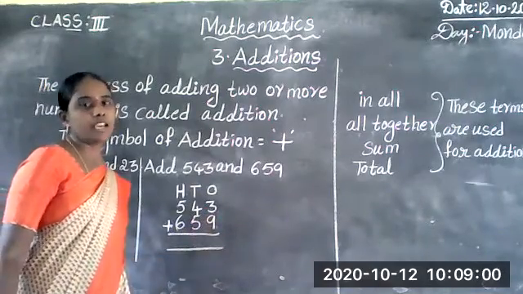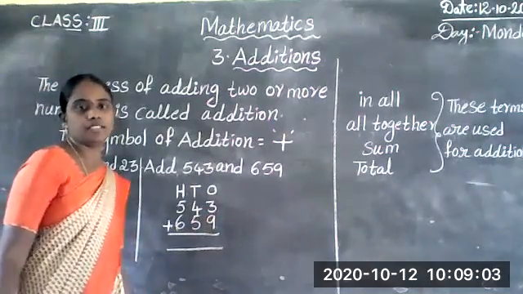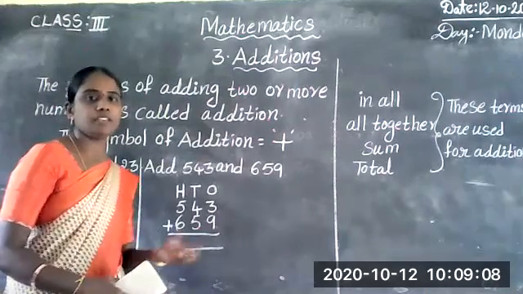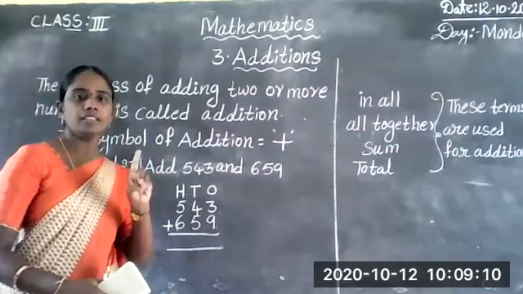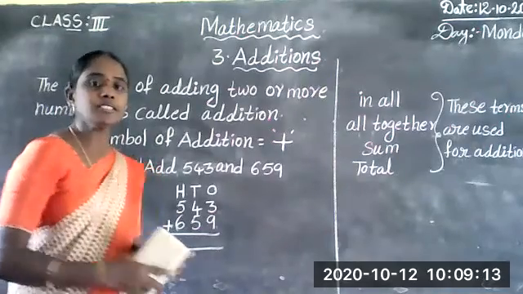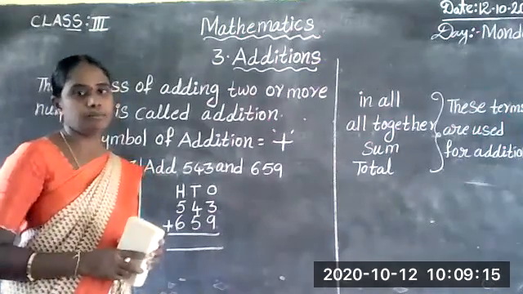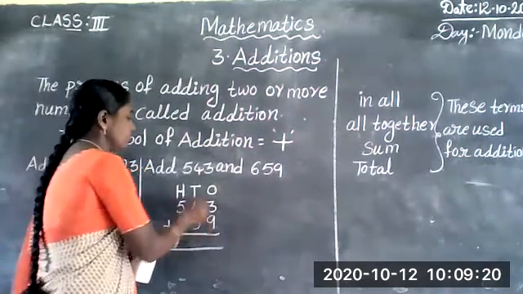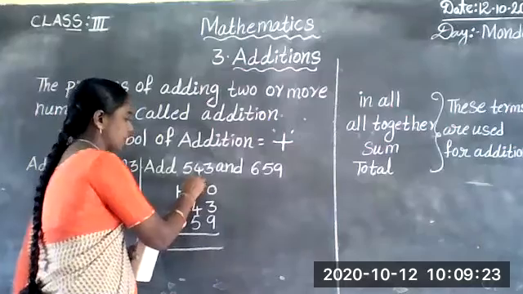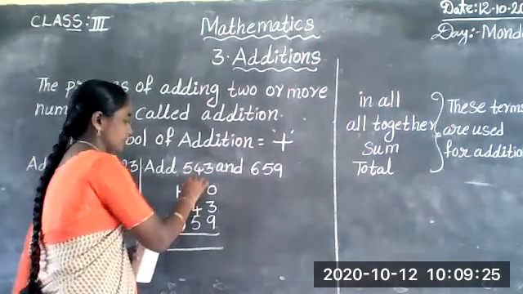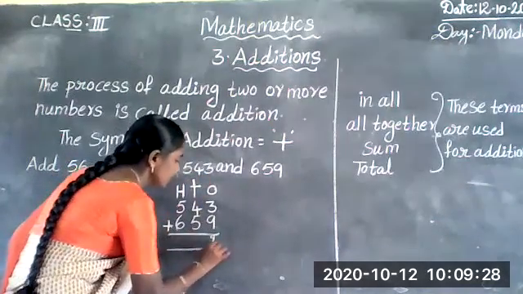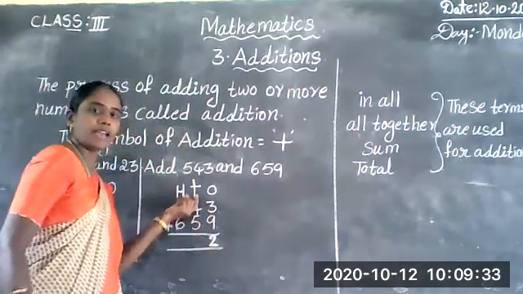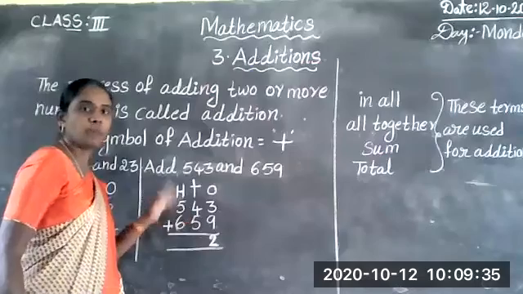Add 3 plus 9: count 9 after 3, that is 10, 11, 12. 12 is a two-digit number, so we have to carry. 1 is in the tens place and 2 is written in the answer. So take carry 1 to the top of the tens place.